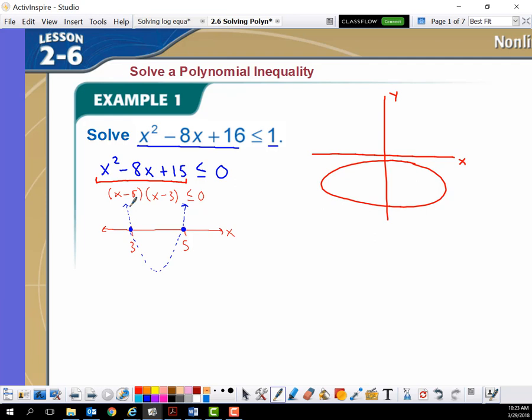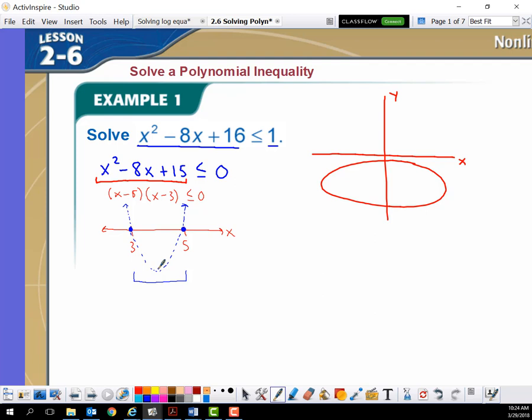Now the reason that I showed it this way is, remember what we talked about originally. I'm looking at this function for any x value that makes this function equal a negative value. So I'm really looking for anything in this region here because this is the part of the graph that is below the x-axis. In other words, this is the part of the graph that gives me negative y values.